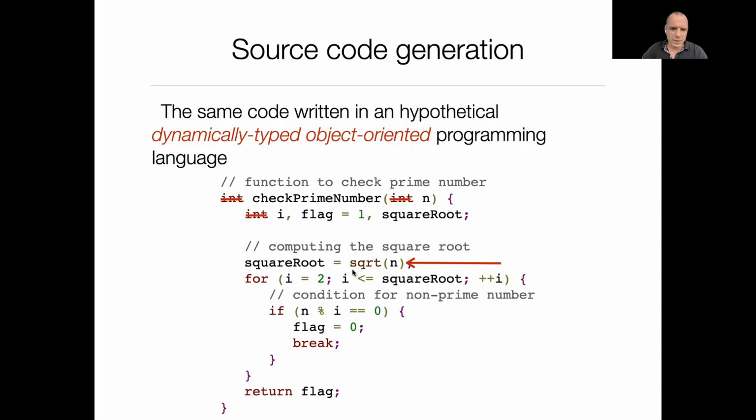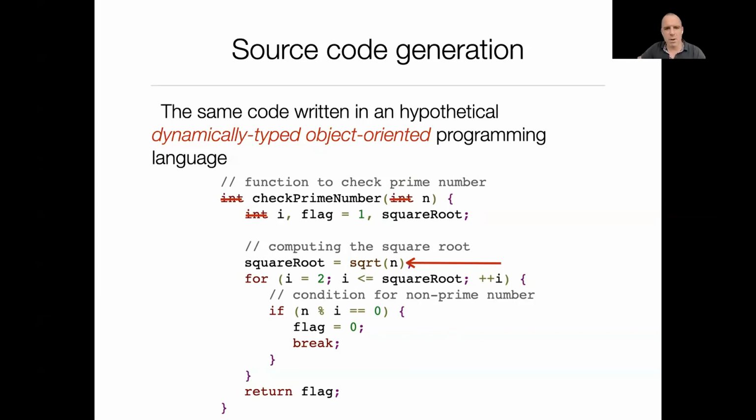And furthermore, when there is a reference to a method, we don't know statically which method will be executed. We may have several implementations of the square root function in the system, but statically we don't know which one we will use. So generating source code for a dynamically typed object-oriented programming language is much less deterministic than using a statically typed procedural language.